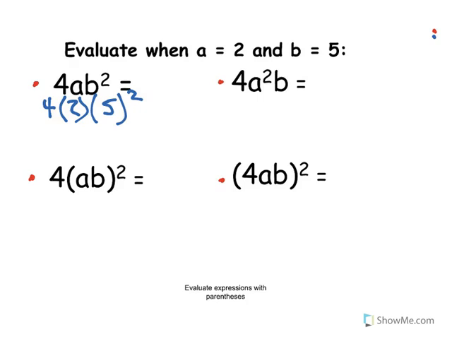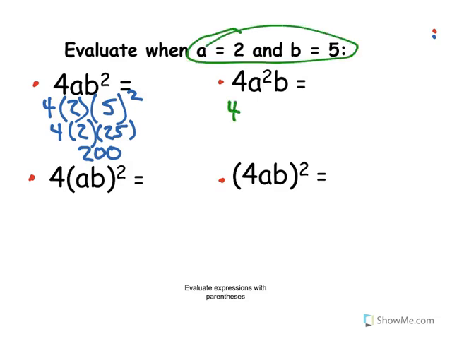Well, you got to be very careful that we're always following our order of operations here. I have multiplication and exponents, so I'm absolutely going to evaluate my exponent first. So 5 squared is 5 times 5, which is 25. And now I've just got multiplication, 4 times 2 times 25, so I can do that in one step, which should give me 200.